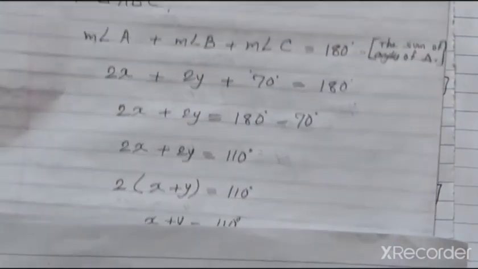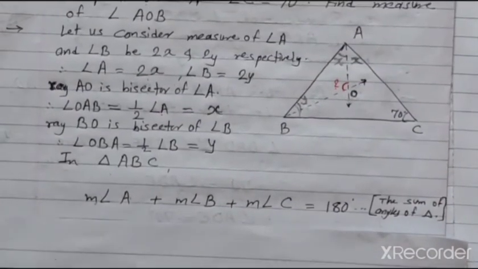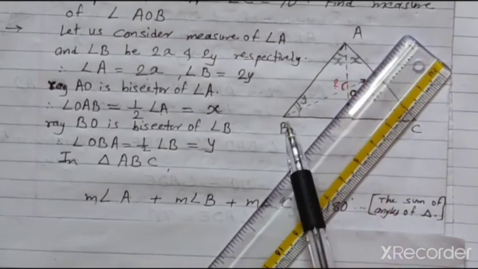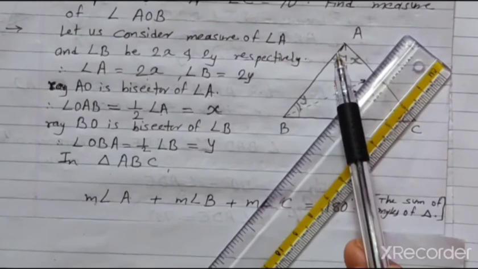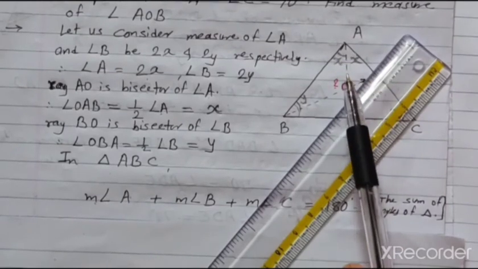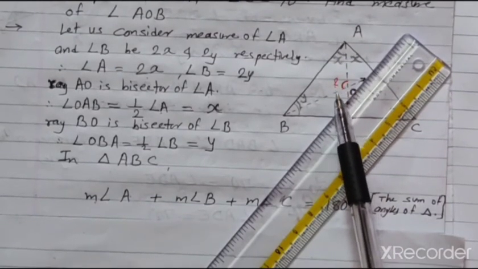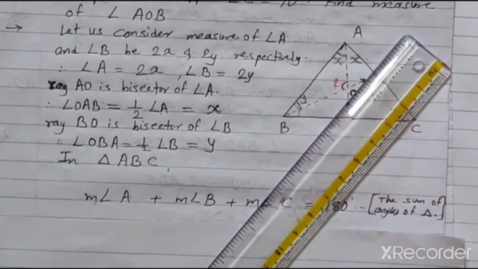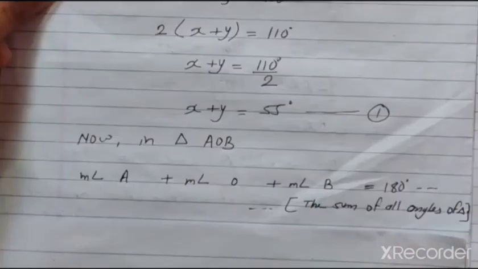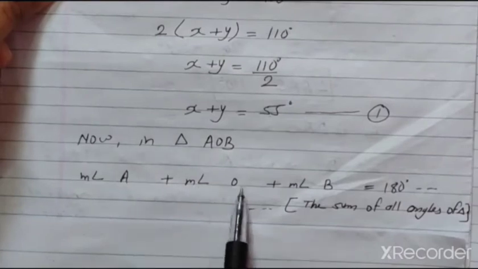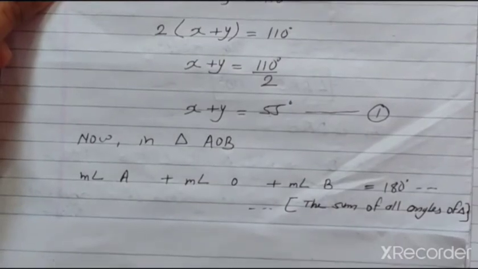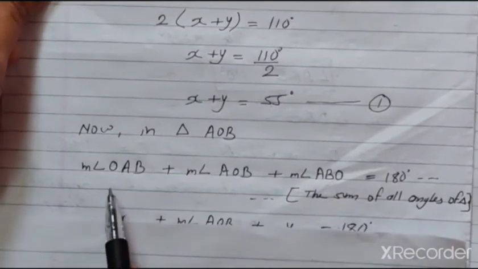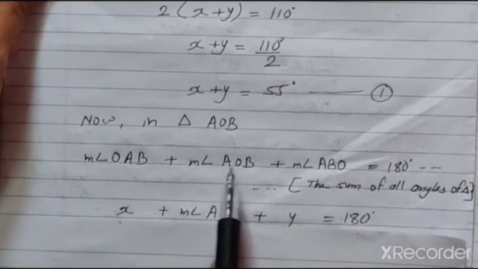Now in this small triangle AOB, measure of angle A plus measure of angle O plus measure of angle B is equal to 180 degree. I am just converting all three angles into their three-letter names. Now let us substitute the values. You know that the value of A is x.